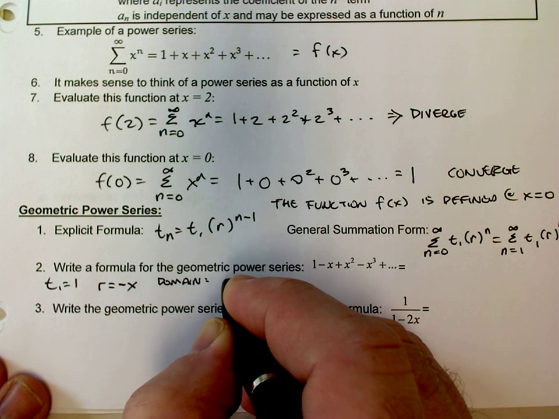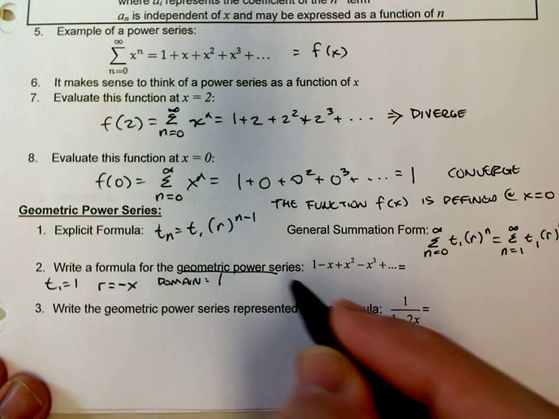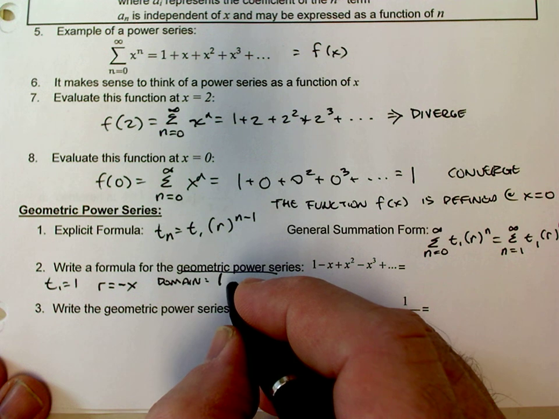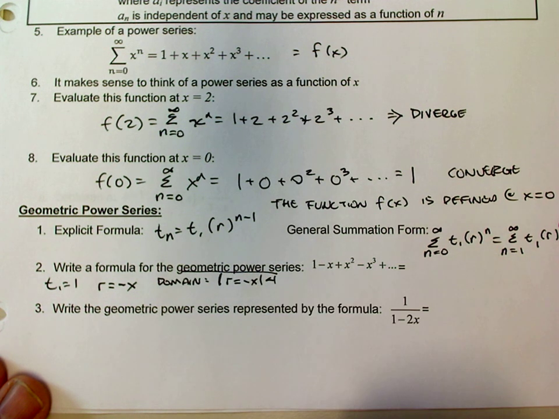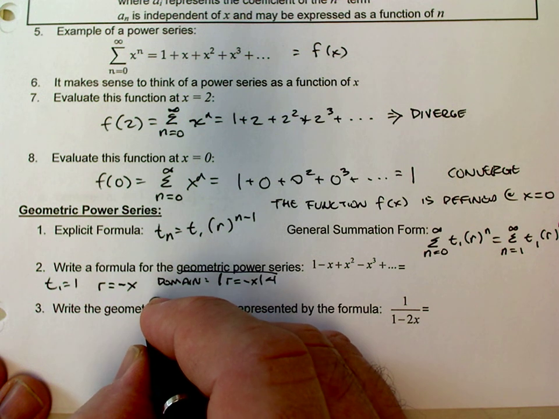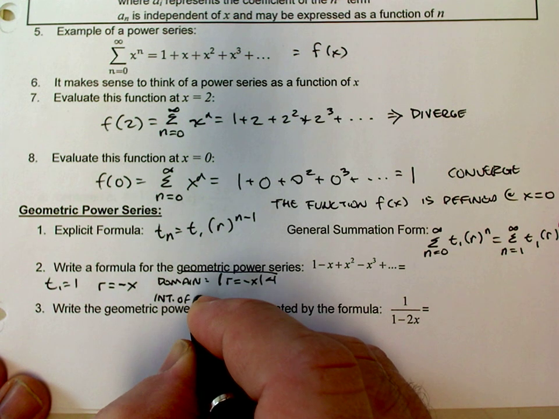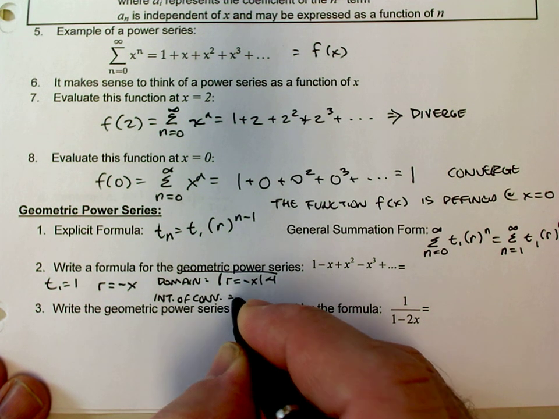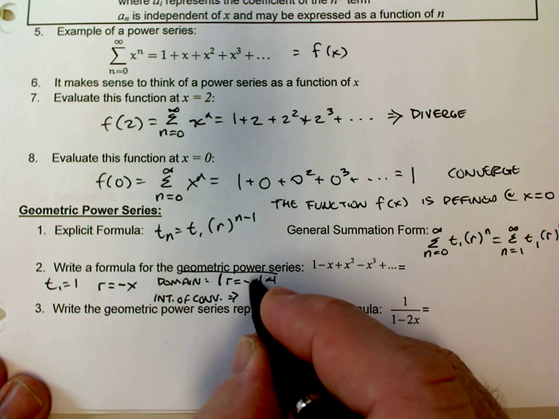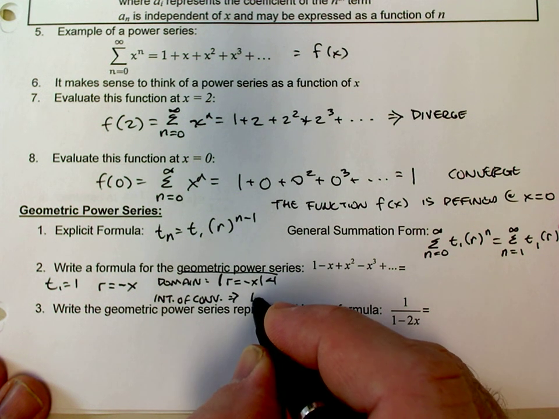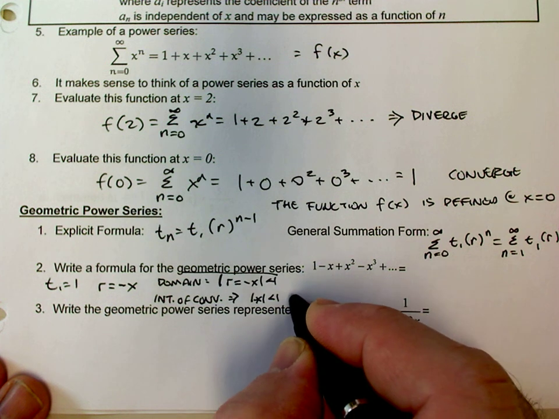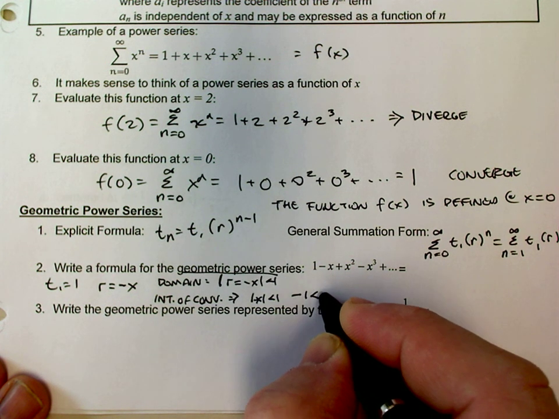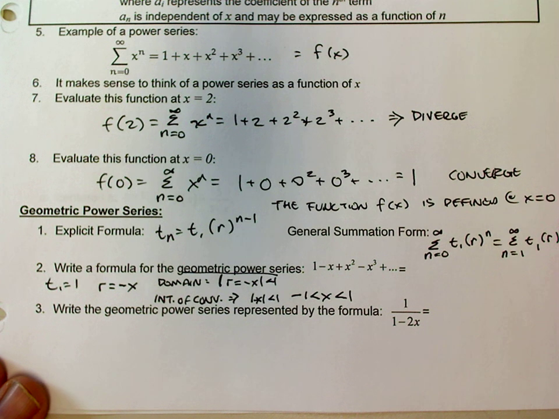A geometric series converges only when the absolute value of r is less than 1. In other words, we're trying to find our interval of convergence. When we evaluate this, the absolute value of negative x is less than 1, which of course will be between negative 1 and 1. That's our interval of convergence.